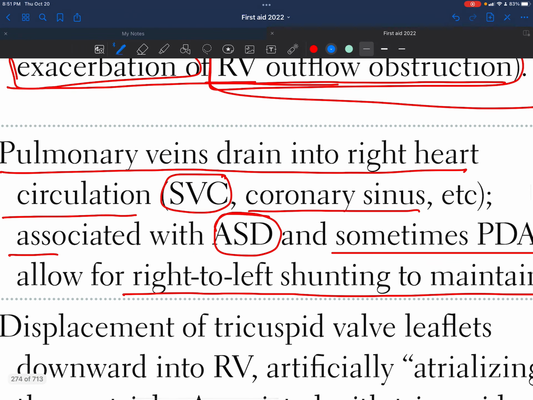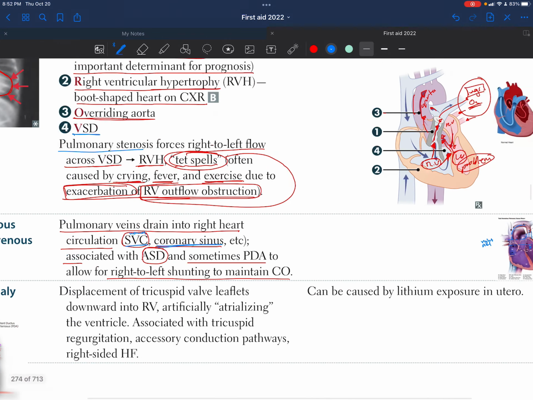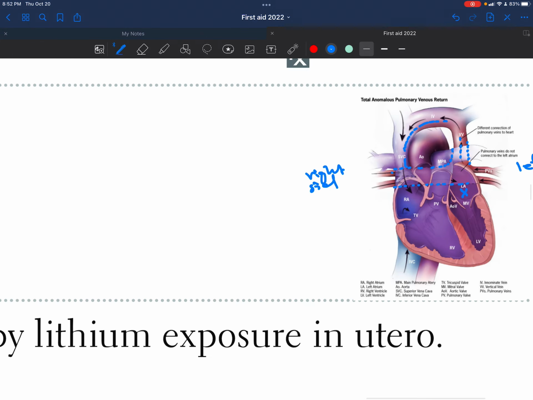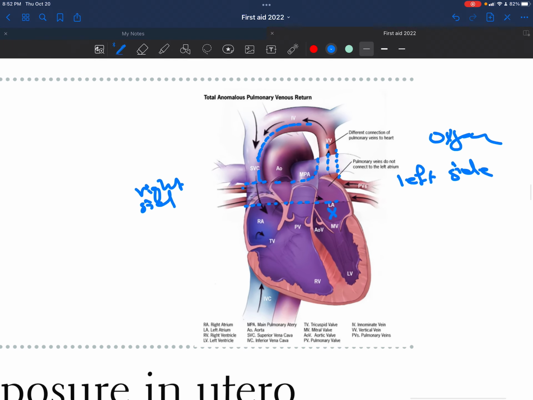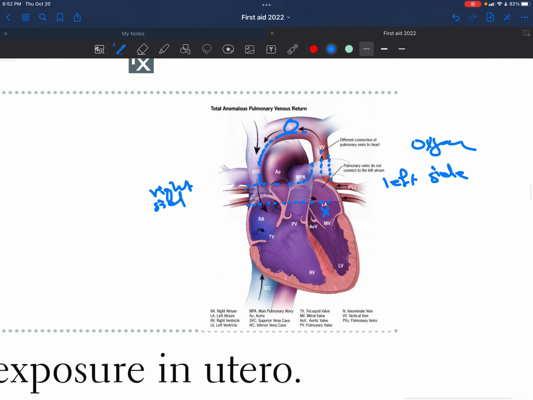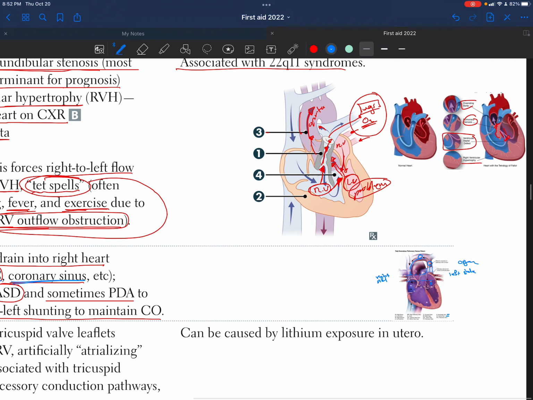So this is the place where we have the superior vena cava and coronary sinus. These are normal in place, but the ones that are coming abnormally are the pulmonary veins. So that is the total anomalous return. And by the way, this IV, as it says here, is the innominate vein, and this VV is called the vertical vein. So that's an FYI.